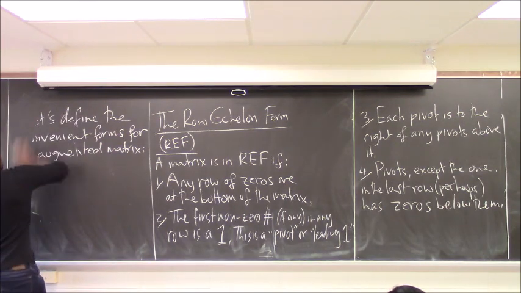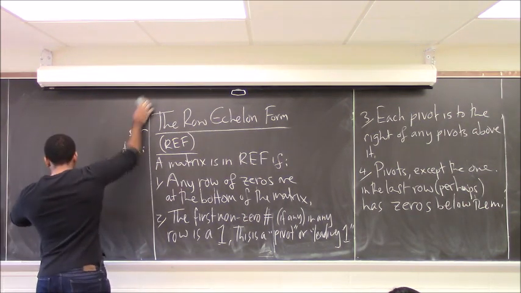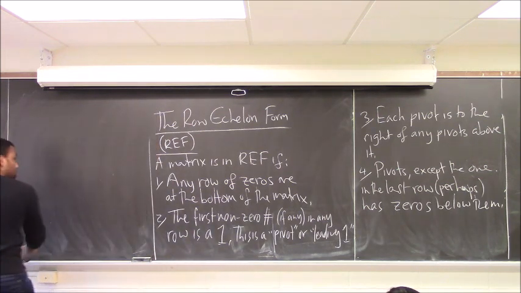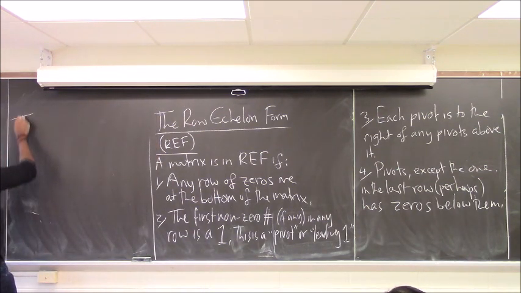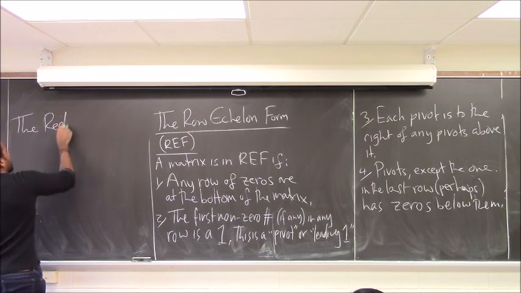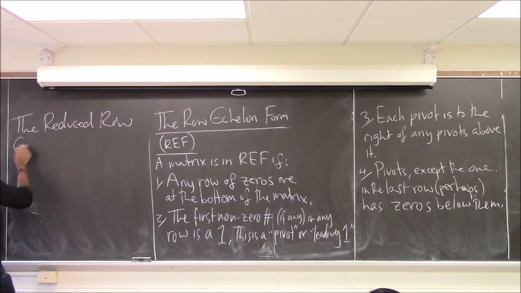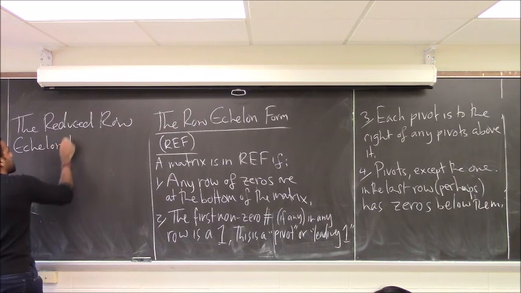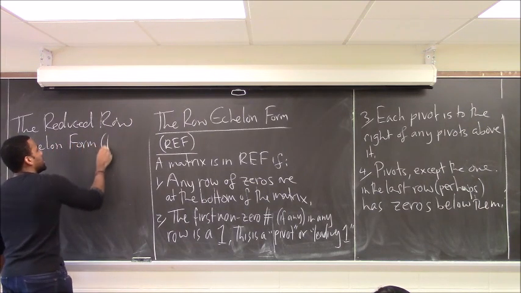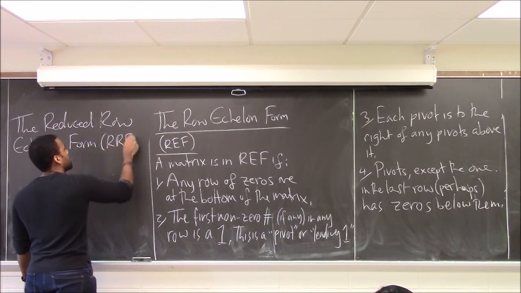Now, the reduced Row Echelon form takes us a little bit further. When I'm lazy, I'll call this RREF.